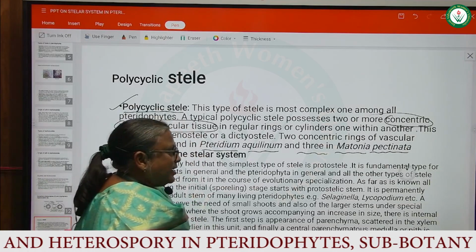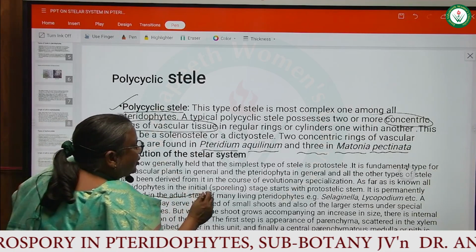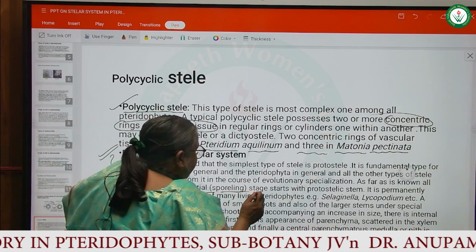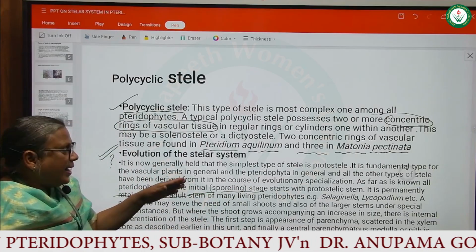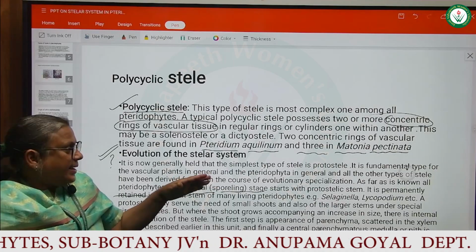As far as is known, all pteridophytes in the initial stage, in the sporeling stage, start with a protostelic stem.